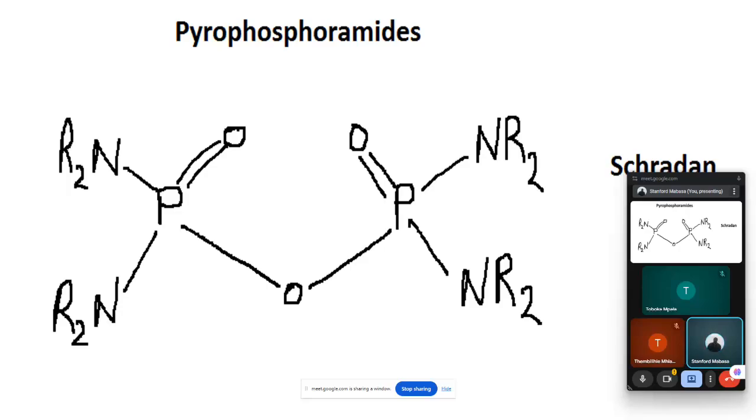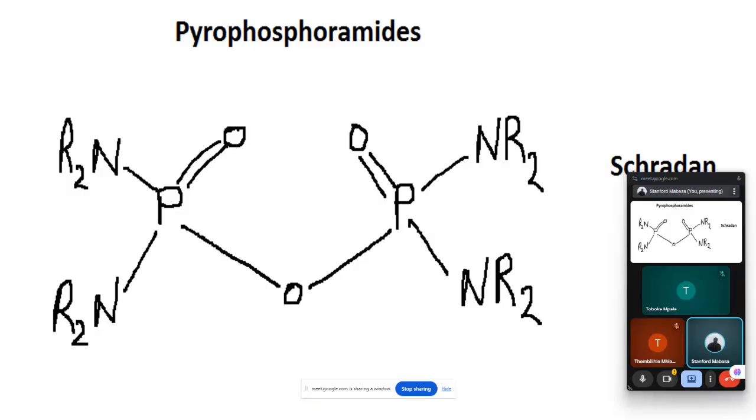We have got something like a double P. You still have your oxygen atoms, but in addition you have the nitrogen atoms added to the phosphorus. And you have got those R2s joined to the nitrogen. So this is the kind of structure of pyrophosphoramines.